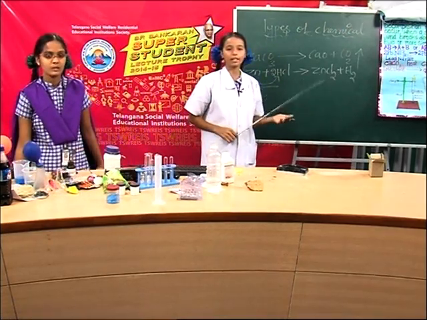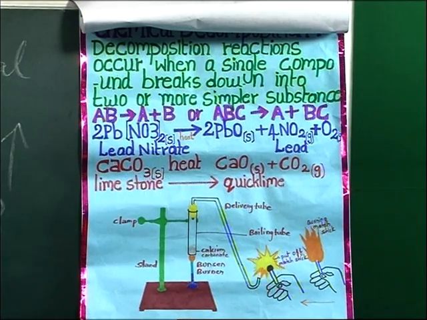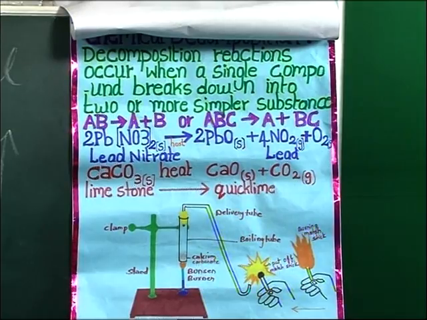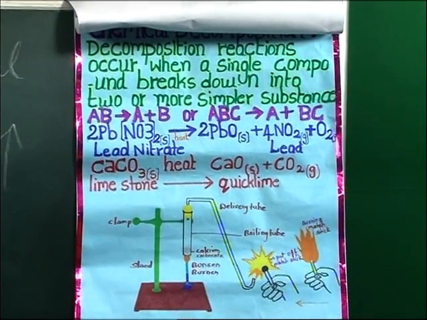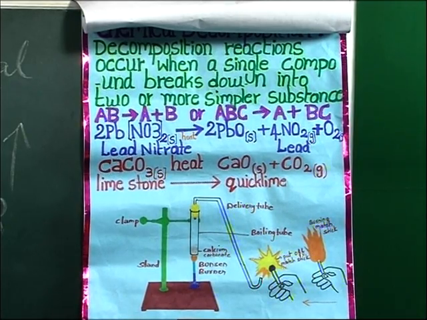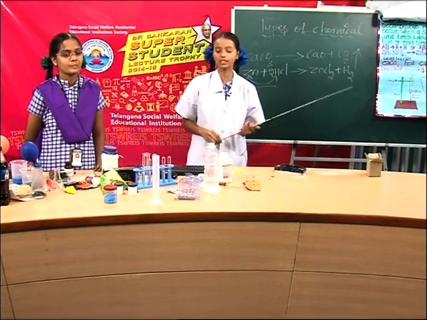And what is the second one? The second one is chemical decomposition reaction. What is meant by chemical decomposition reaction? In this reaction the compound is split into two or more simpler substances. This is called a chemical decomposition reaction. For understanding this, we do one activity.